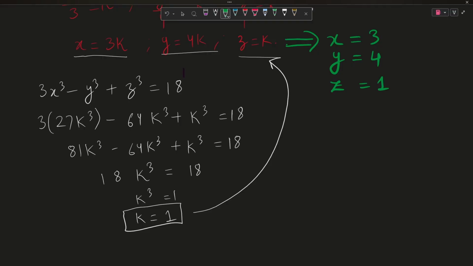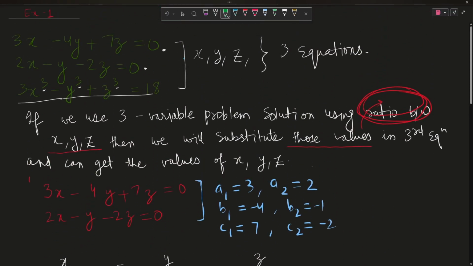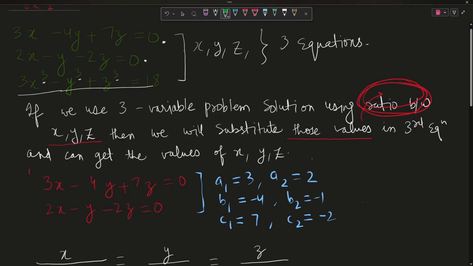Now, how easy it has become. If in this case we had solved the equations with the help of x, y, and z individually, by substitution or by elimination, then it would have become such a complicated task to get the values of x, y, and z.